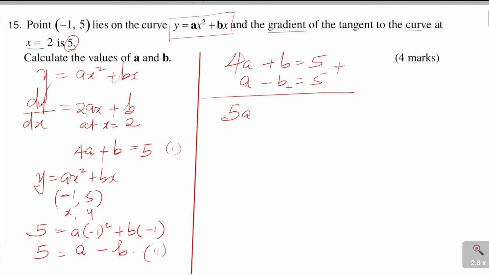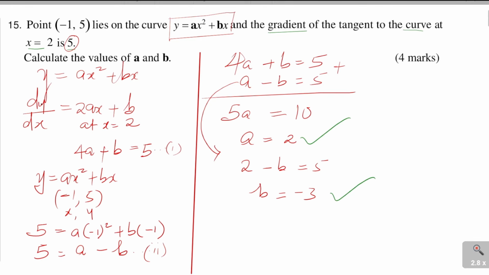Negative b plus b, that will be 0. It is eliminated. And then 5 plus 5, you have 10. So a = 2. If a = 2, substitute here: a - b = 5, so 2 - b = 5. So b = -3. So we have the values: a is 2 and b is -3.